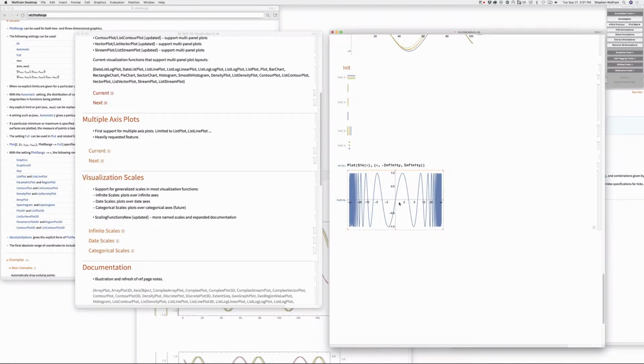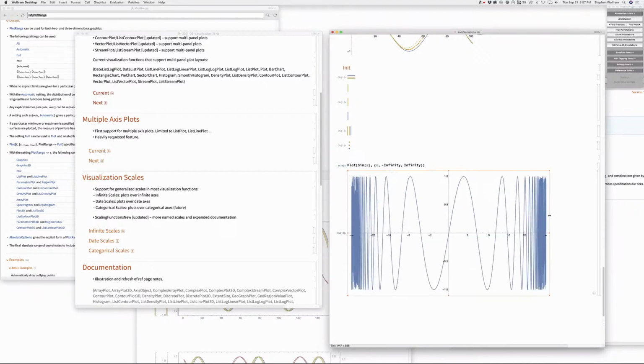What on earth is this doing? It's plotting it from minus infinity to plus infinity. I can see that, but how is it doing that? What kind of scale? Basically a scaling function that rescales minus infinity to infinity into minus 1 to 1. But is it logarithmic? Is it reciprocal?